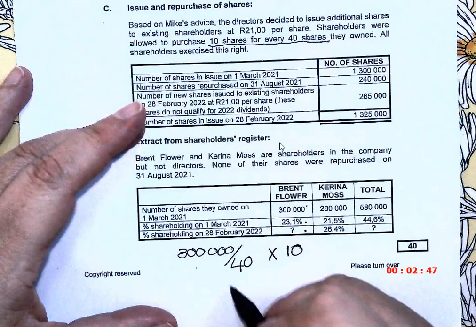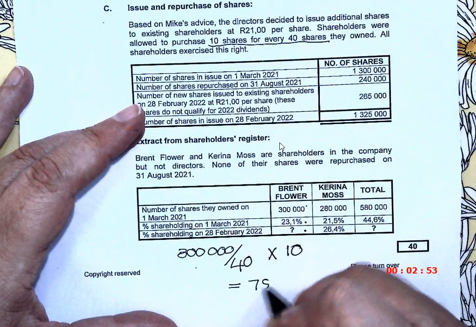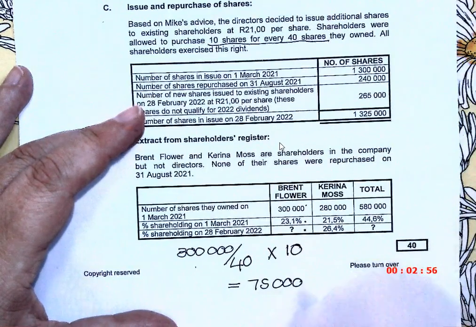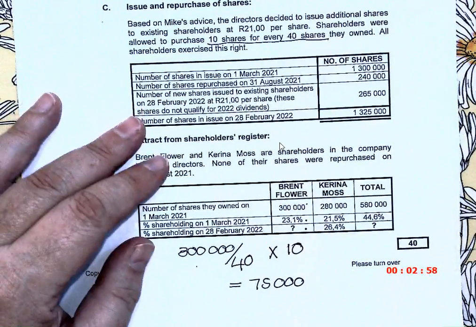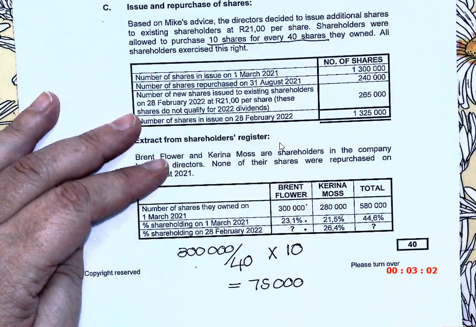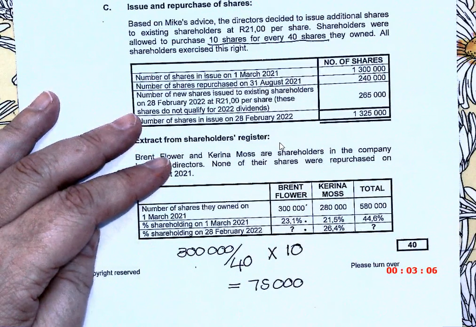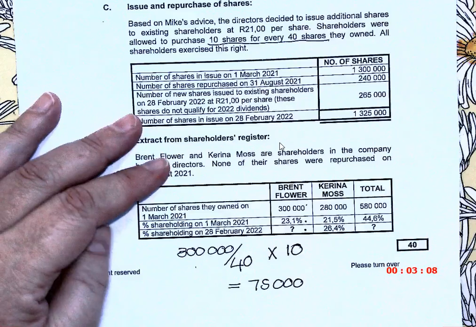So, what do I get? 75,000, is that the final sum? Hmm? What don't you get? Okay, let me go through it slowly again.